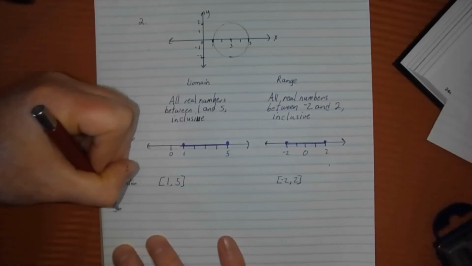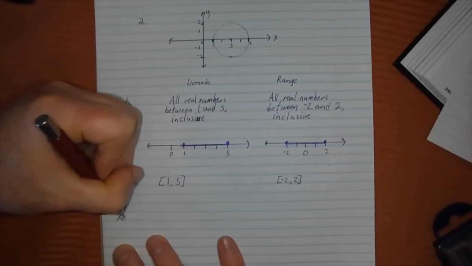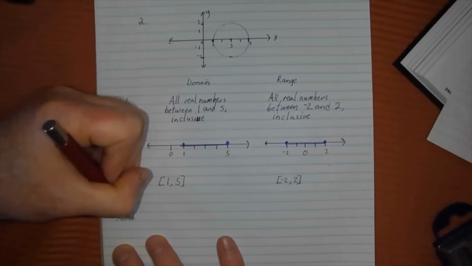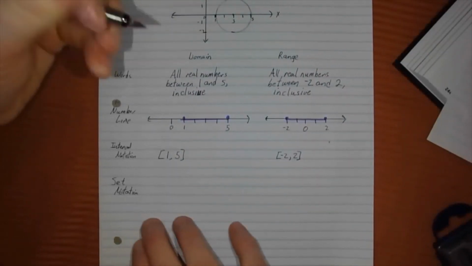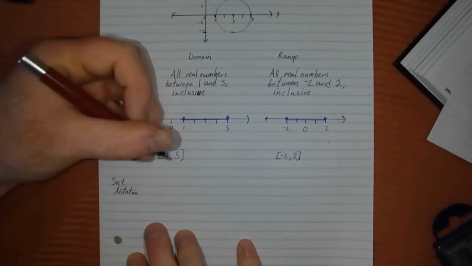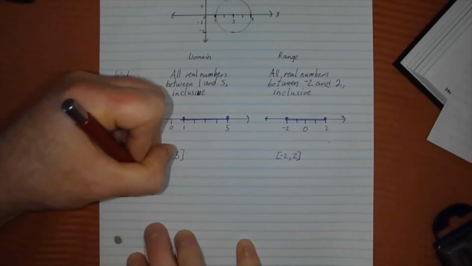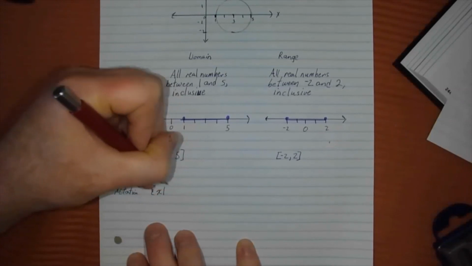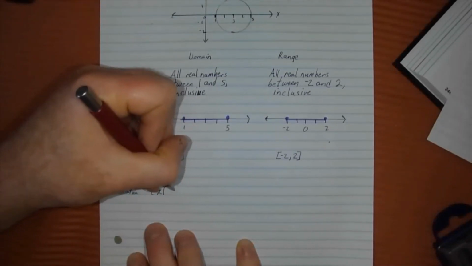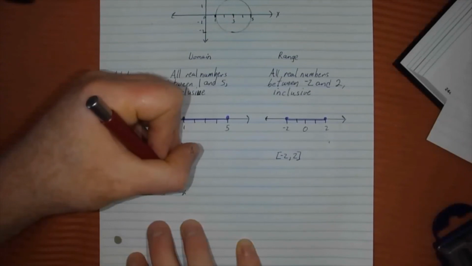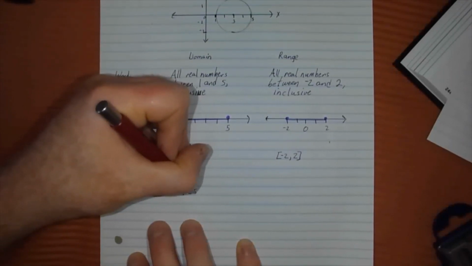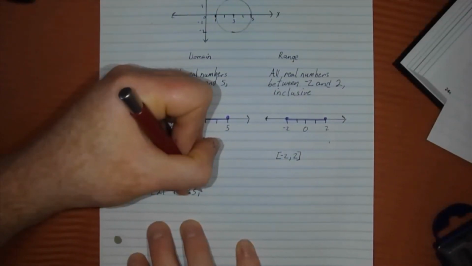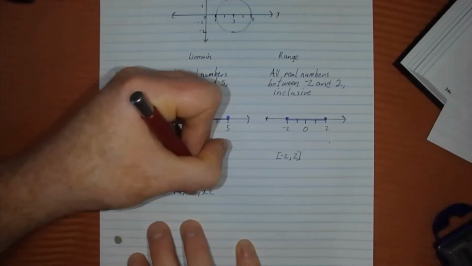And finally, my set notation. Spelling a little slowly here. I hope you can see this. Hey, why not refocus it? Okay, set notation is the set of numbers for the values of x such that x is greater than or equal to 1, less than or equal to 5, and x is an element of all real numbers.